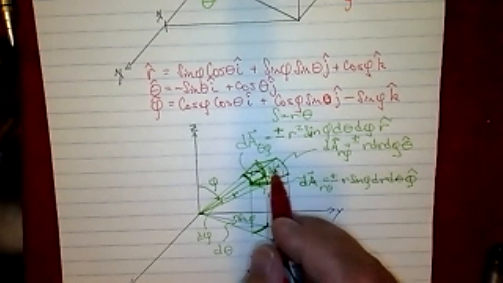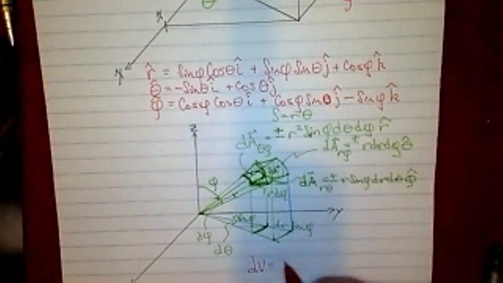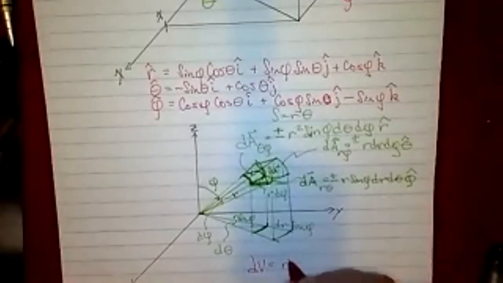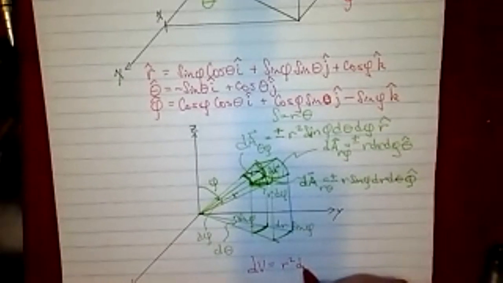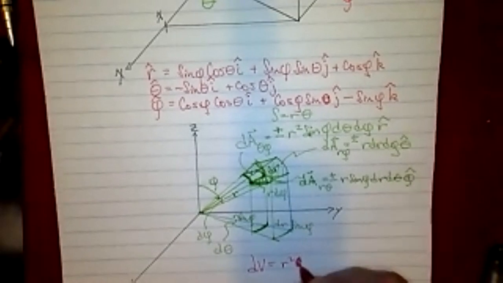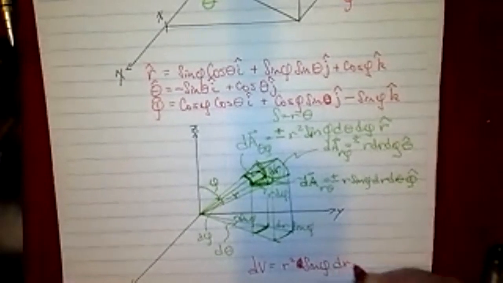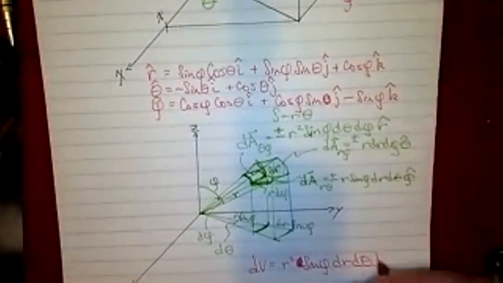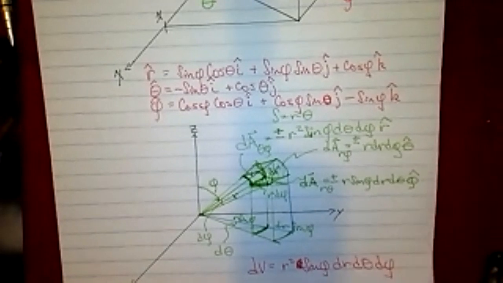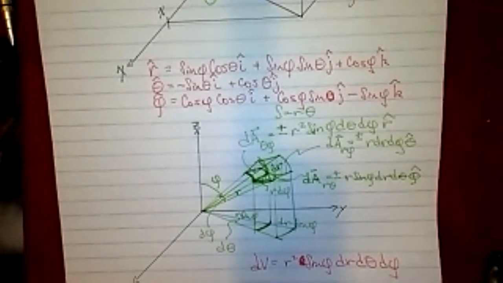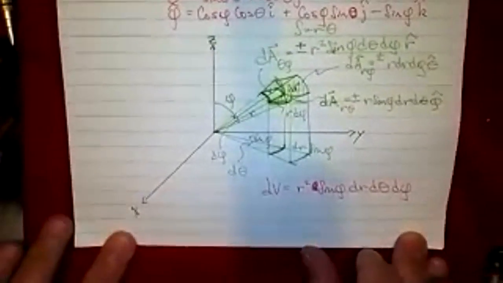And we know that this one right here is just plain dr. So it should be r squared, and I'll add the sine phi: r squared sine phi dr d theta d phi. That is our differential volume element, which I can use to do a quick integral to find the actual volume of a sphere.